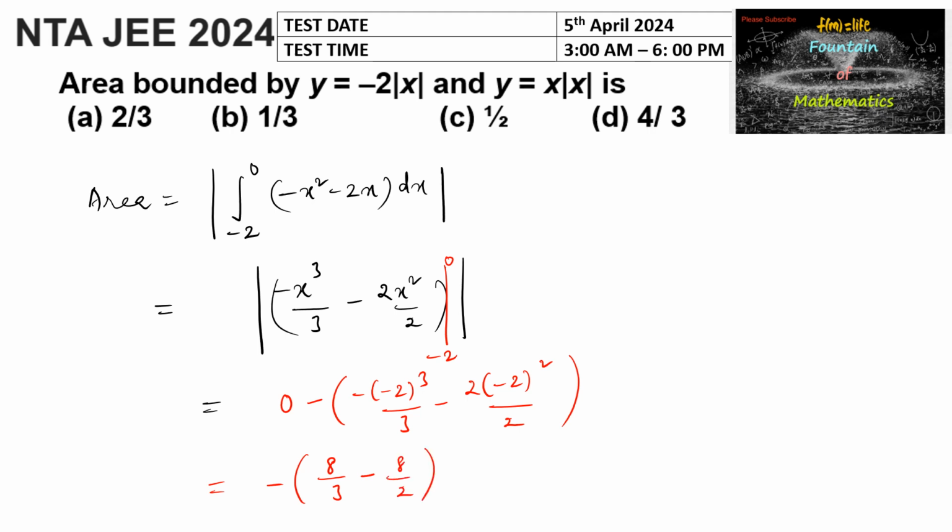So we can write minus 8 common, 1 by 3 minus 1 by 2, that is 2 minus 3 upon 2 into 3. So minus 8 into negative 1 over 6, that is 8 upon 6, which is 4 by 3. So the required area is 4 upon 3, which is option D.